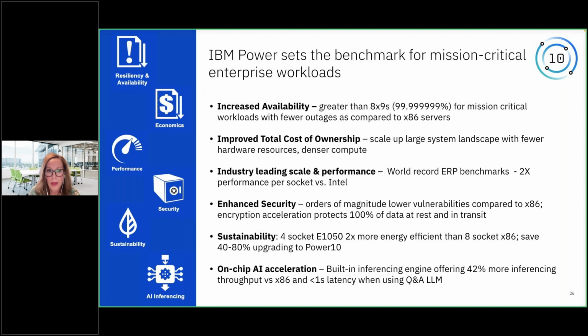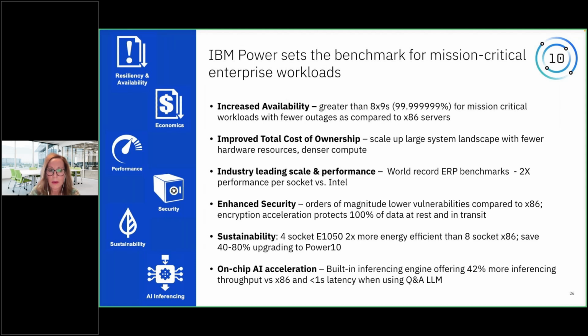The second area here is around total cost of ownership. And I think this, along with sustainability, is, so Dr. P talked about energy consumption. The overall total cost of ownership for our customers who run on our hardware, again, whether in the cloud or on premises or in a hybrid environment, they're able, with our denser compute, to have higher server utilization, particularly with our built-in accelerators.